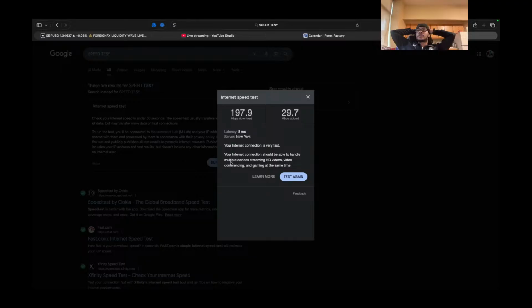Alright, it says go to settings, bottom right. Lower output. Output mode. Where is that?